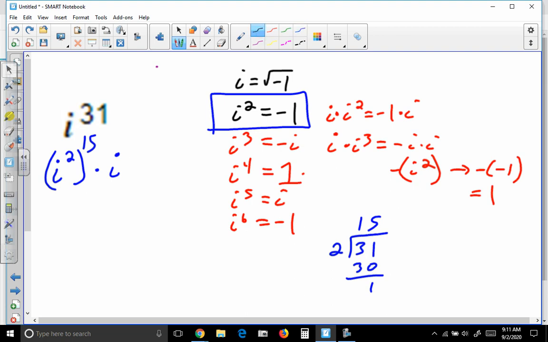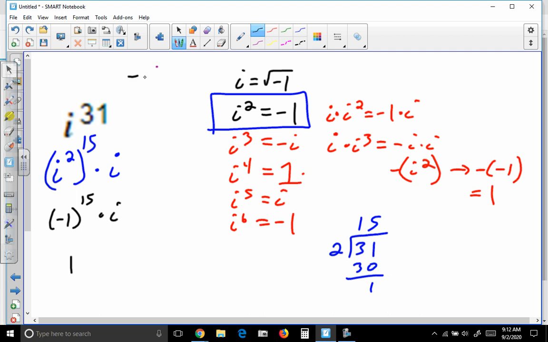Well, how does that benefit us? i squared, we said, is negative 1. When we have 1 to any power, 1 to any power is just 1. If we have an odd amount of negatives, negative 1 to the 15th means negative 1 times negative 1 times negative 1 until we have 15 of those together.